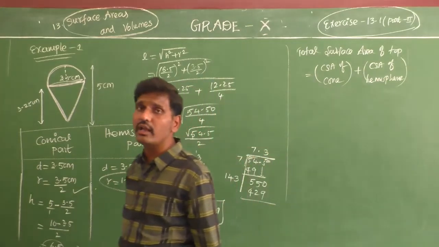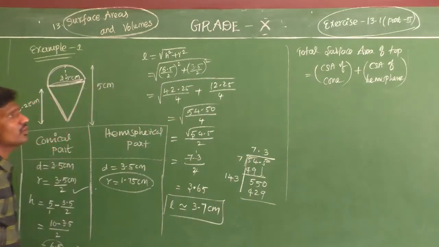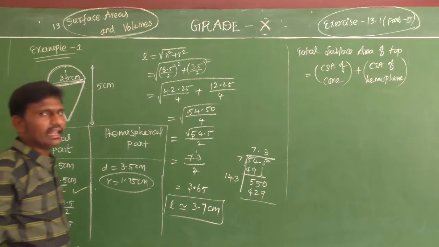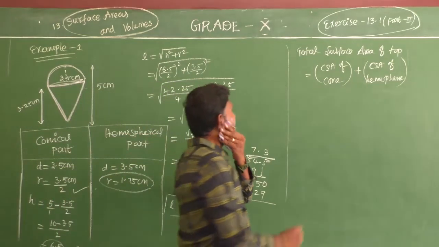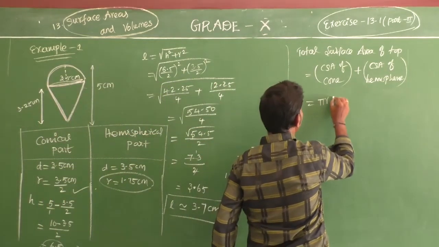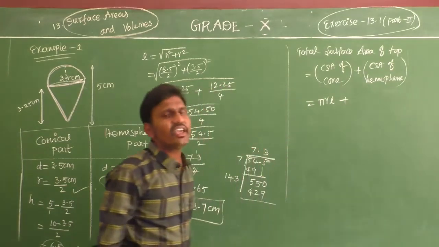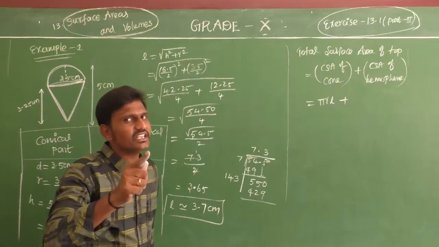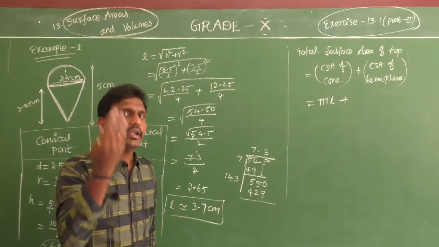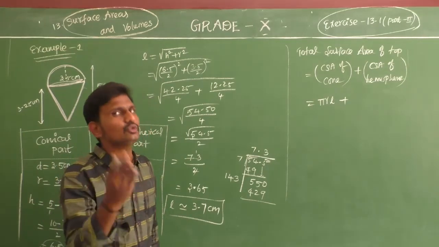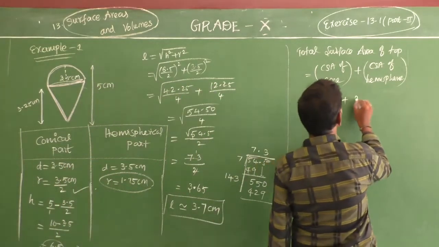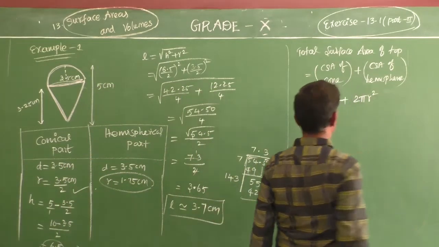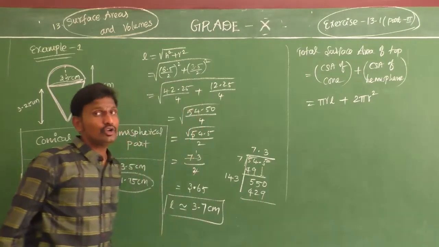Students, do you know the formula? What is that? CSA of a cone is pi r L. So pi r L plus CSA of a hemisphere. What will come, students? The surface area of the sphere is 4 pi r square. If you want the hemisphere, divide by 2 to get 2 pi r square.